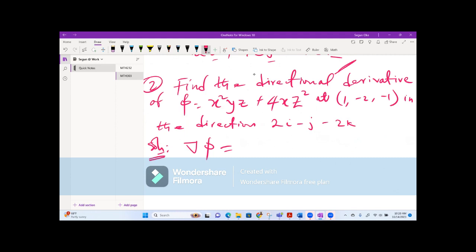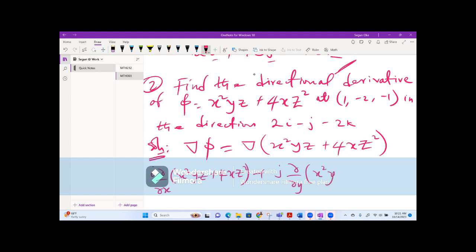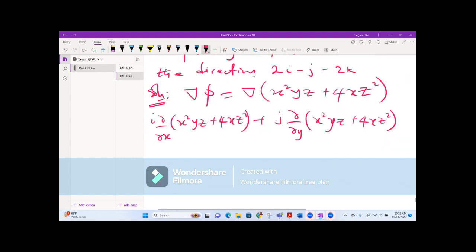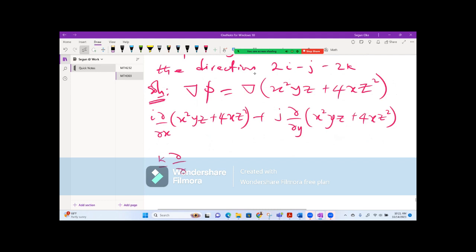So it's going to be our del into x squared yz plus 4x z squared, which is the same thing as i d dx of the entire phi, plus j d dy of the entire phi, then k d dz of the entire phi.